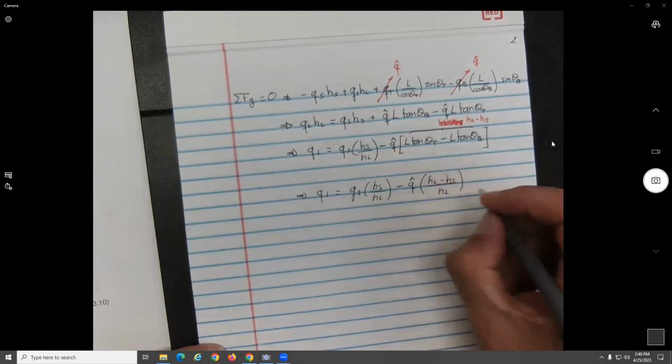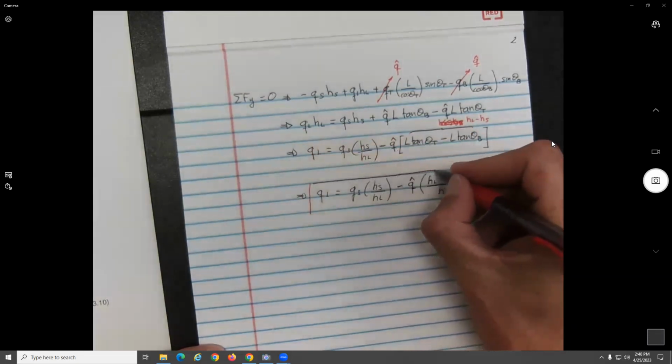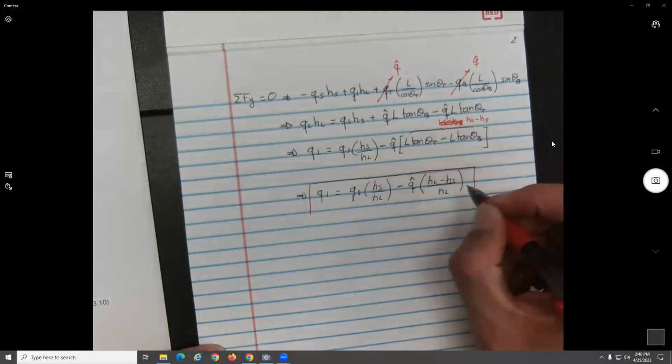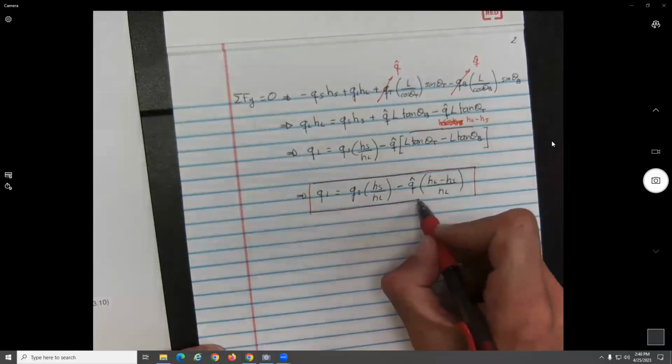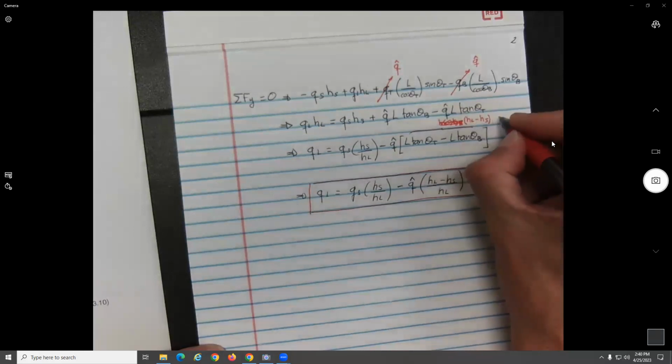Over H sub L. This value here is actually not only equal to this, it's equal to this.